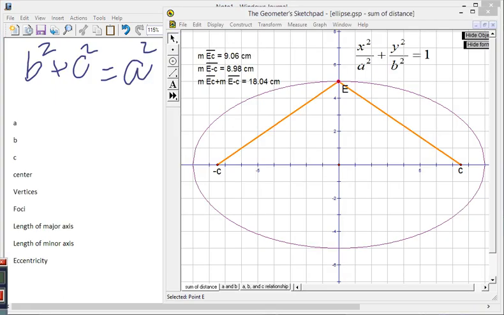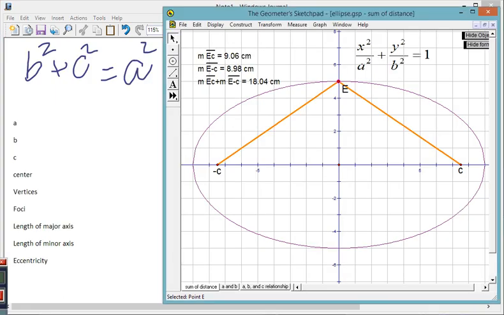Here's a list of the things that we're always going to be looking for with an ellipse. We have A, B, and C, and that will tell us how far it is to the vertex, the long side, how far it is on the short side, and how far it is to the focus. And the center. In this video, we're always going to have the center as 0, 0.